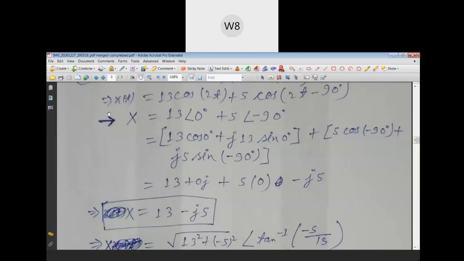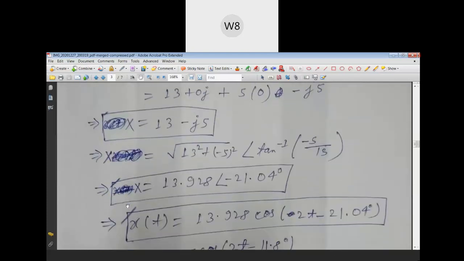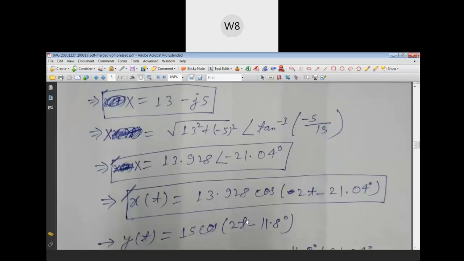So this xt is actually the real part of a quantity whose amplitude is this, multiplied by e raised to j omega t, which will be cos(2t minus 22.62 degrees). So this becomes the phase of the cosine function, and 13 becomes the amplitude of the cosine function. So if you write xt in the time domain, then this is the expression.